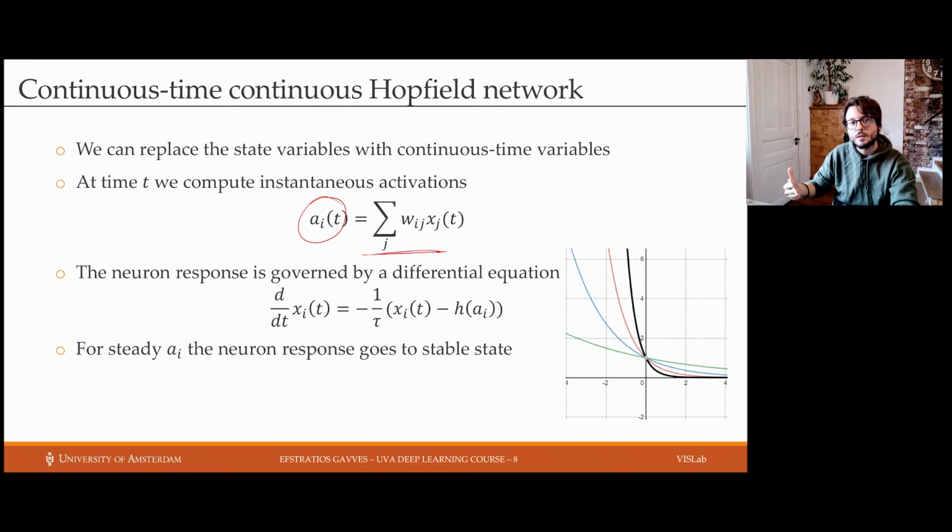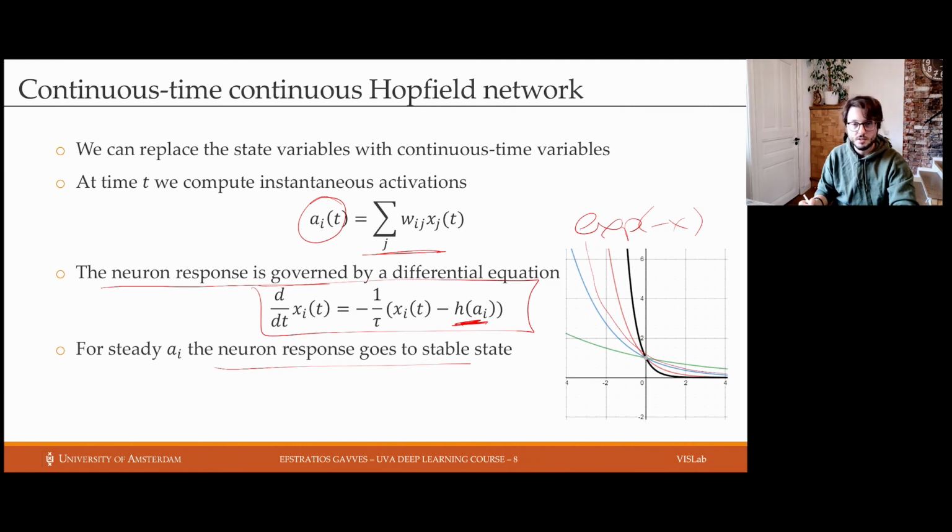Whenever there is an update, a new activation, a new response is computed. And then in that case, the neuron response is actually governed by a differential equation here, which is pretty easy to show corresponds to the exponential of the minus of the input. So this means that if we consider, for instance, that we have a steady activation in a neuron, then the neuron response will gradually go to a stable state.